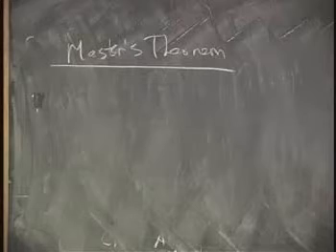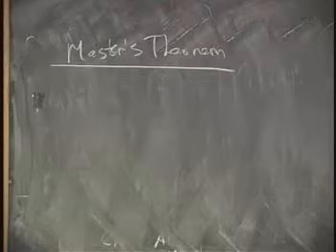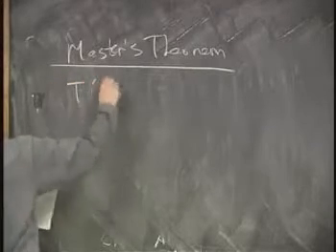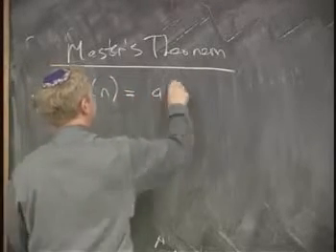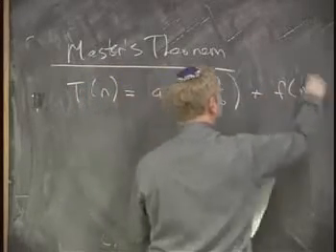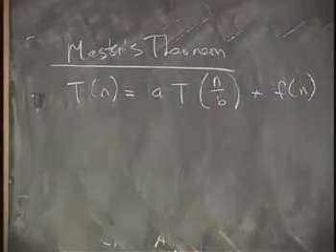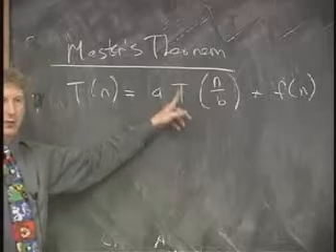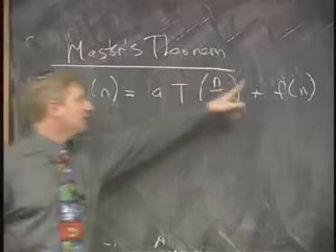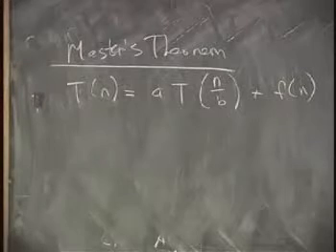Here's the master theorem. The master theorem takes care of recurrence equations that look like this. Some constant number of subproblems, some division of the size of each of those subproblems, some function for gluing the answers together.